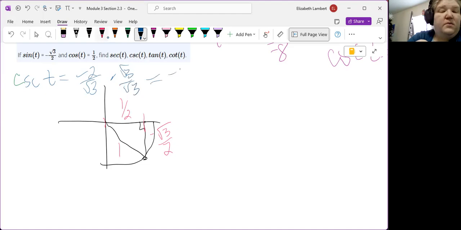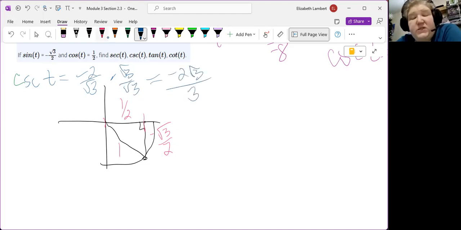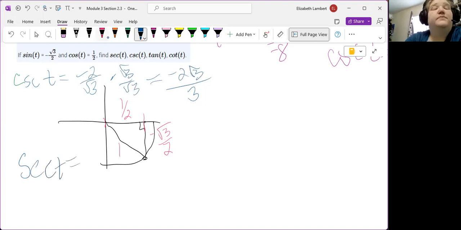We have -2 square roots of 3 over 3, because square root of 3 squared is 9, and the square root of 9 is back to 3. All right, now our secant is 1 over our cosine. So 1 over a half is 2.